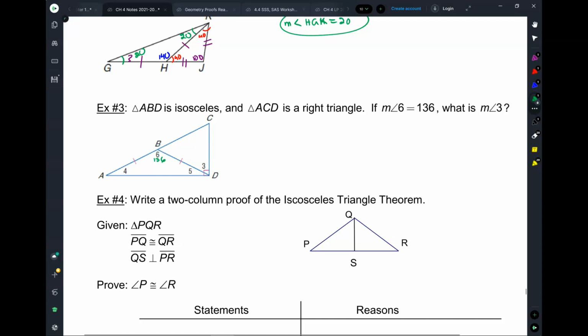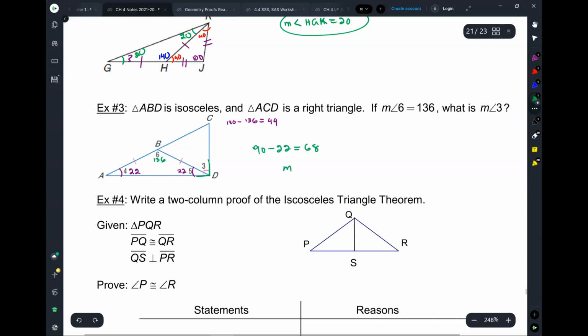So if I subtract 180 minus 136, how much does that leave? It leaves 44. So that 44 has to be distributed evenly between these two because it's an isosceles triangle. So 22 each. And this one is 90 degrees. 90 minus 22.